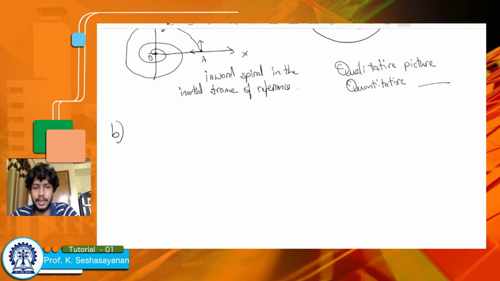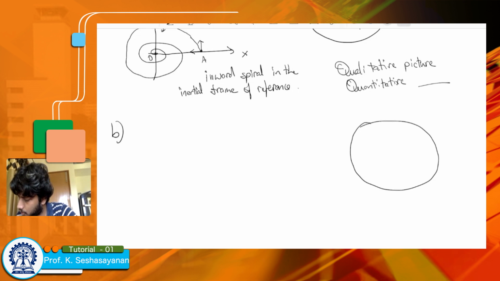In part B, the ant is not moving towards the center, but it's moving away from the center. So again, if you look at the system from the top, we see that there's the center O, there's the position A, and the ant is moving away with the velocity v, and we have these two axes x and y, which are in the inertial frame.